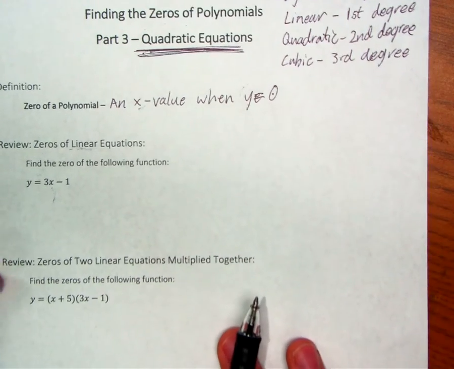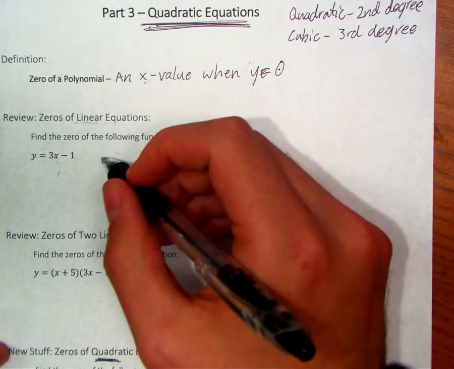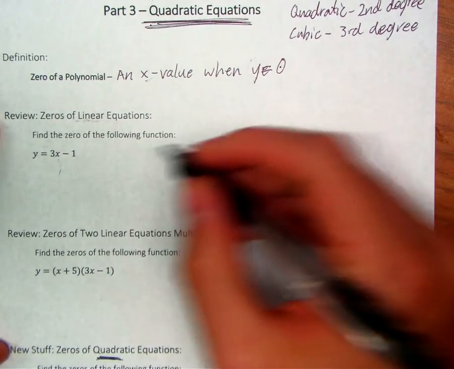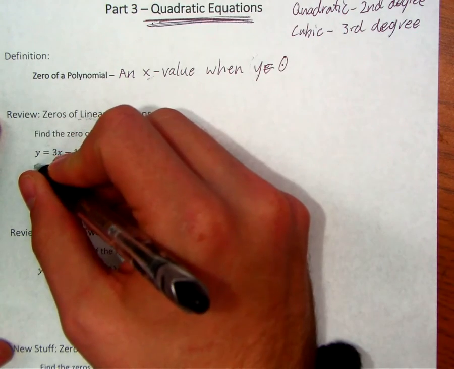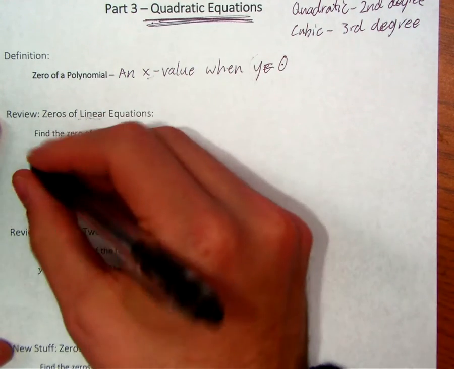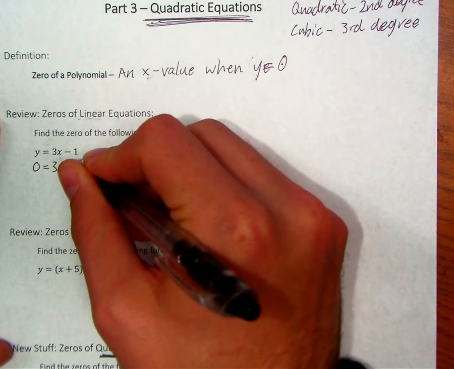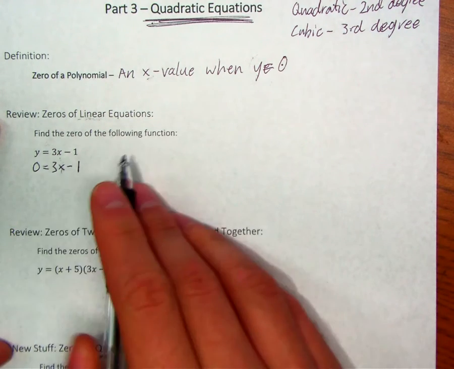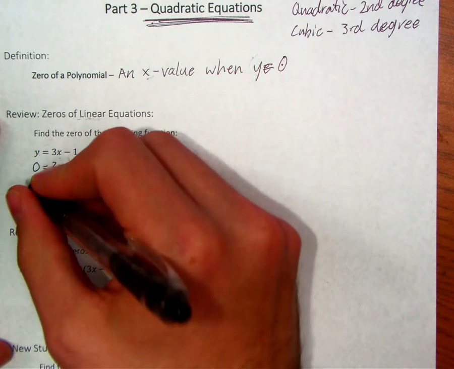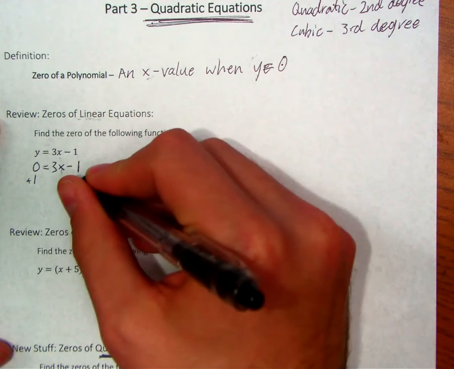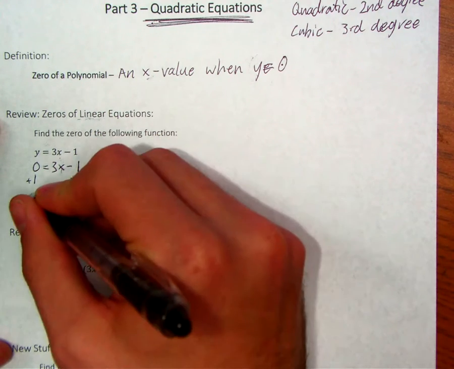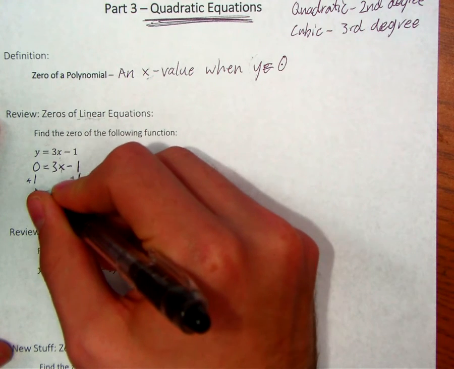Let's just review that process for linear equations real fast. So when we want to find a zero for a linear equation, we got to set y equal to 0 and figure out what's our x value. So in this example, we've got y is equal to 3x minus 1, set y equal to 0. Add 1 to both sides, and I've got that 1 is equal to 3x.